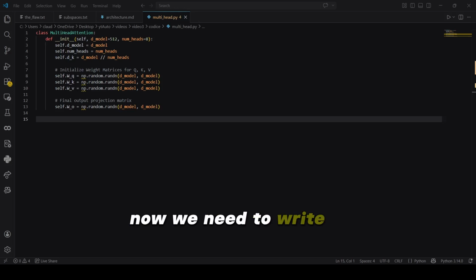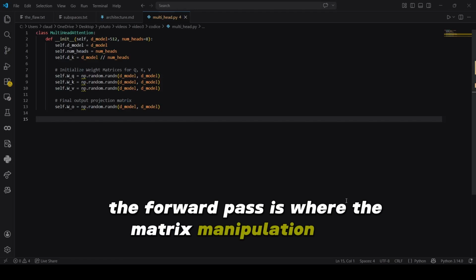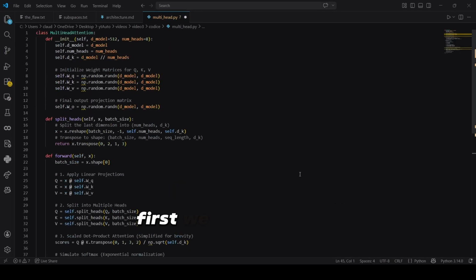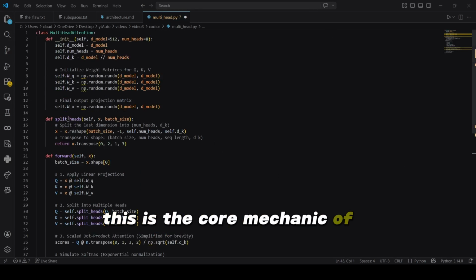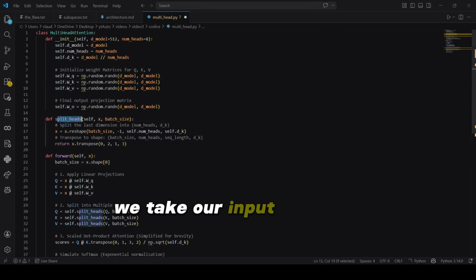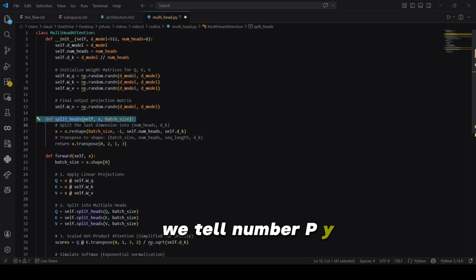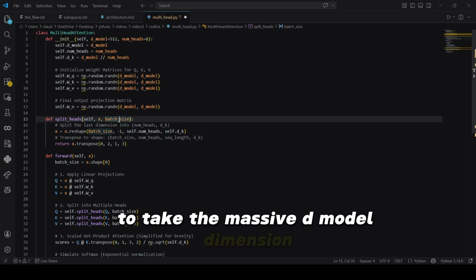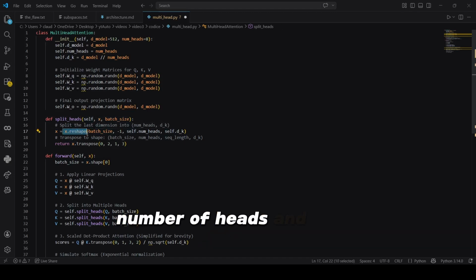Now, we need to write the forward pass. The forward pass is where the matrix manipulation gets intense. First, we create a helper function called split heads. This is the core mechanic of the architecture. We take our input tensor and we use NumPy's reshape method. We tell NumPy to take the massive D-model dimension and break it into two separate dimensions, number of heads and DK.